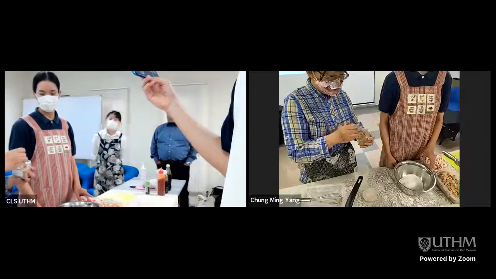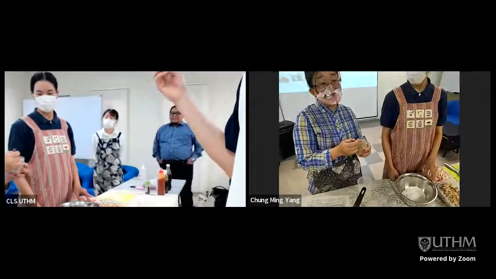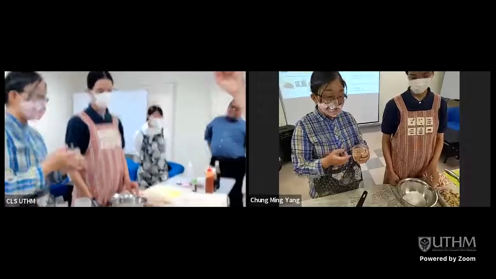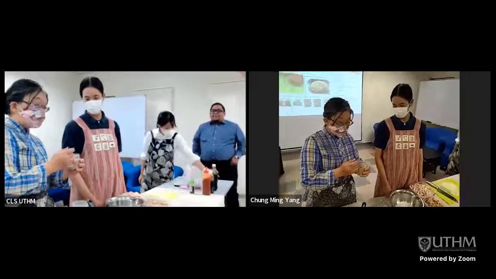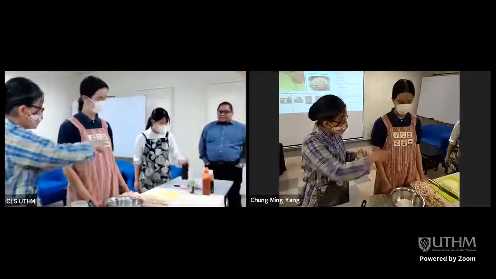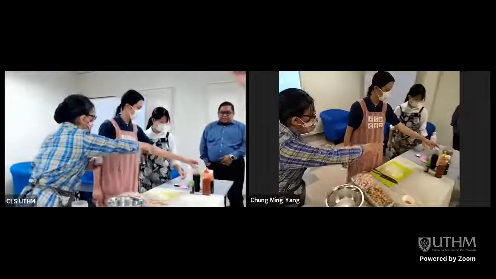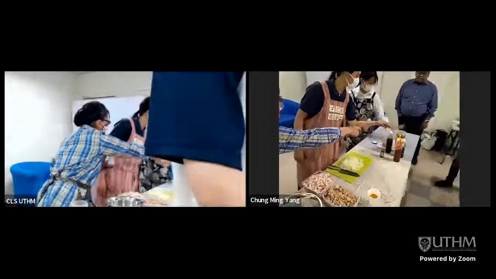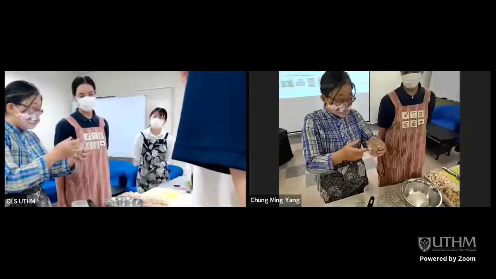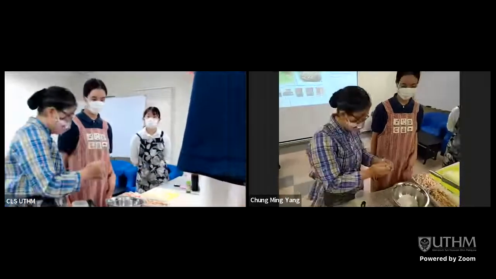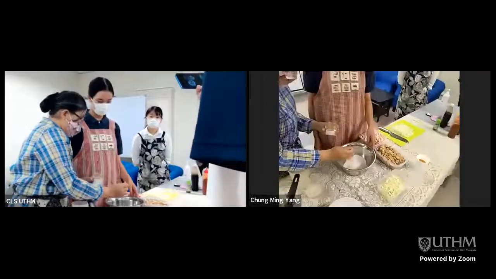Japanese dashi is normally made from kelp, seaweed or bonito, but this one has already become powder.